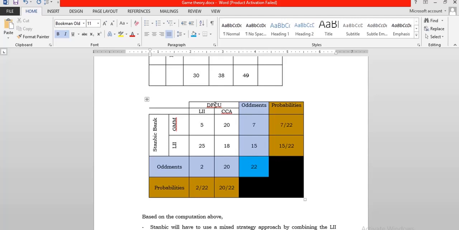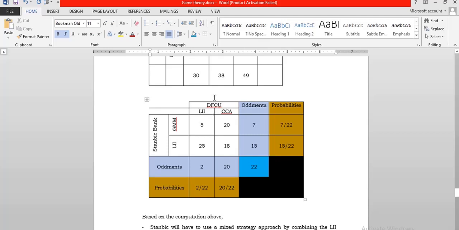Instead, DFCU will be losing 18 customers to Stanbic Bank if we use a mix of LII and GMM strategies on the side of Stanbic Bank and LII and CCA strategies on the side of DFCU Bank. So this is how we compute the different oddments and probabilities.